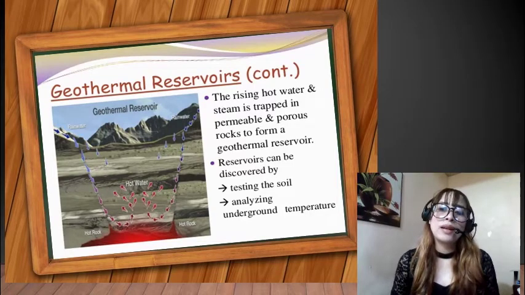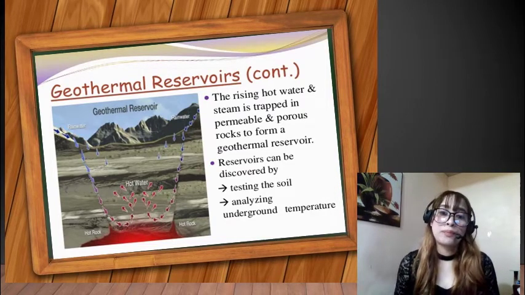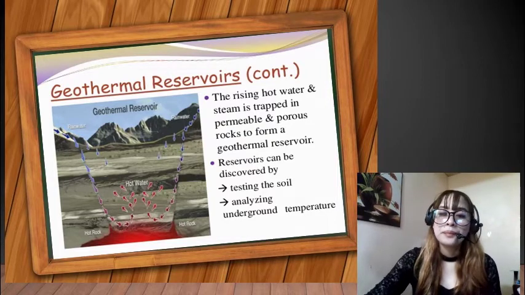Now, these geothermal reservoirs are the rising hot water and steam. As you can see in those pictures I've shown you, there is a rising of hot water because they are trapped in permeable and porous rock to form a geothermal reservoir. This can be discovered when you test the soil and analyze underground temperature.